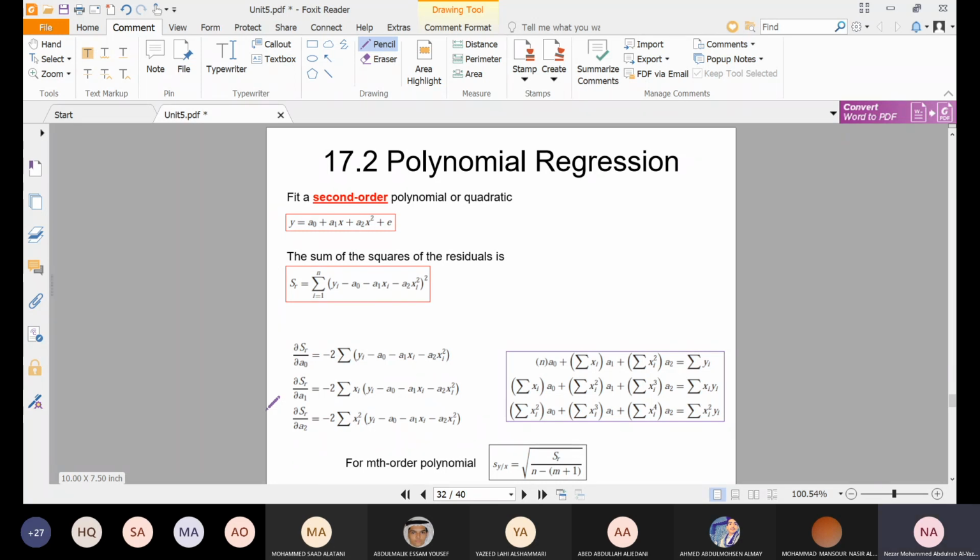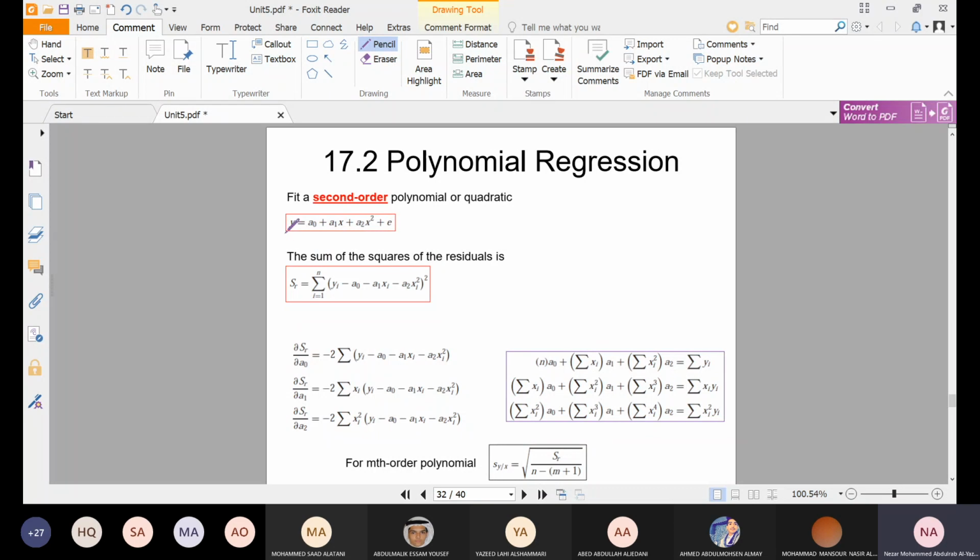Okay, so in this section, we will study polynomial regression. That means when we fit the data in forms of second order or more. For example, second order we call quadratic regression, or higher order, from third order and above.